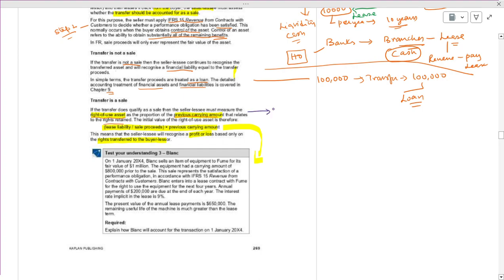If a transfer is a sale, the proportion of the carrying amount minus the rights retained, this difference will be treated as the right-of-use asset. Is it fine?